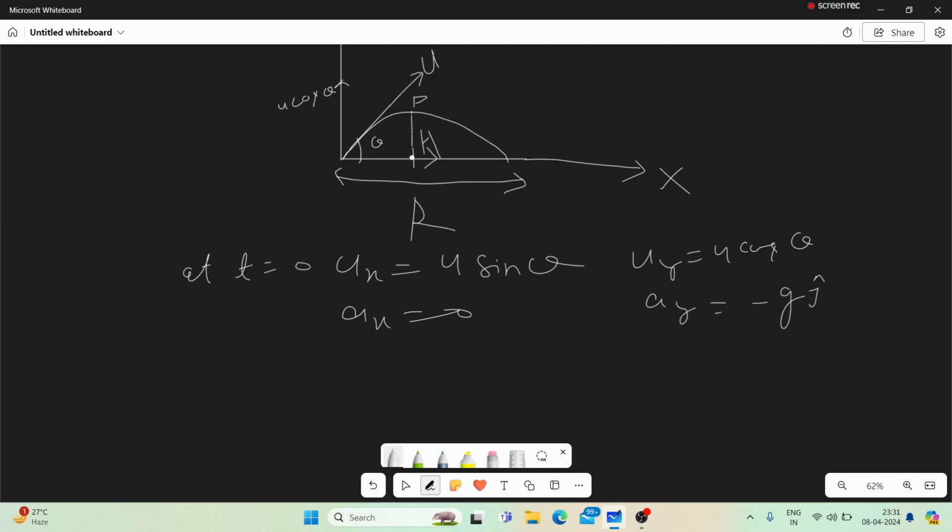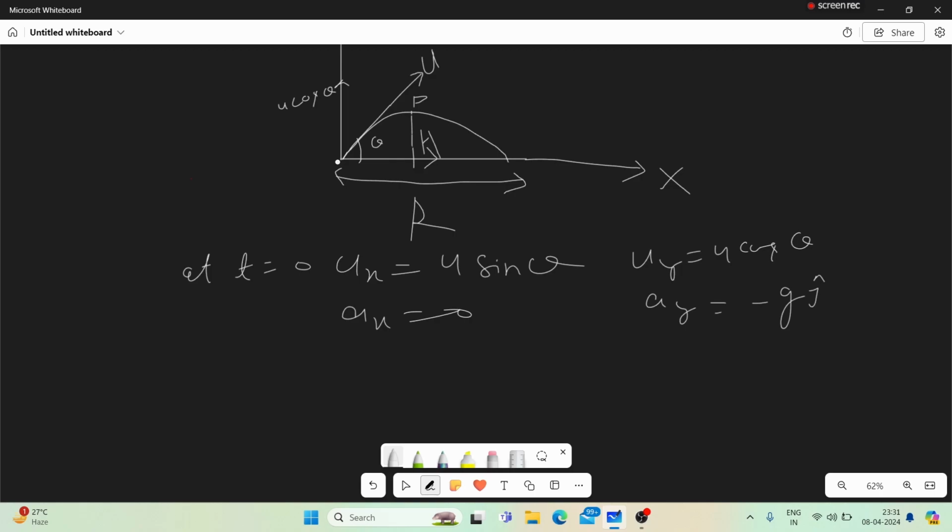Also the highest point reached by the particle from the ground is called the maximum height, and the distance covered by the particle in the x direction during the whole time of flight is called the range of the projectile.